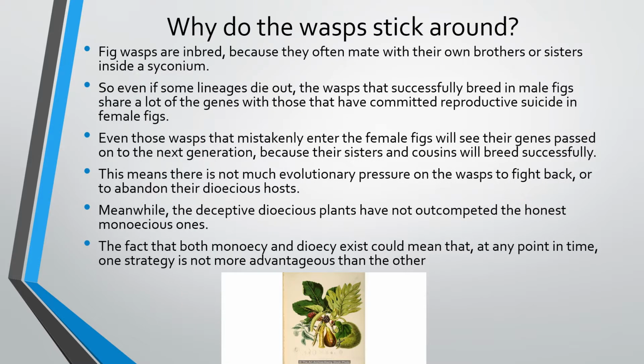A good question to ask is, why do the wasps continue to pollinate the female figs? The wasps are so inbred because they're mating with their brothers and sisters, they don't really lose their lineage.